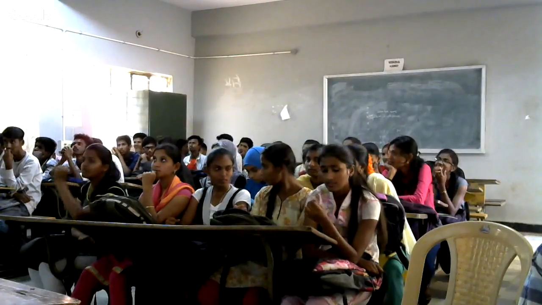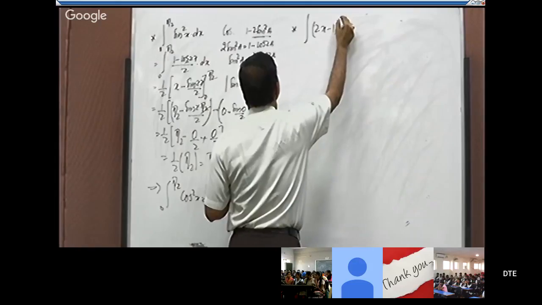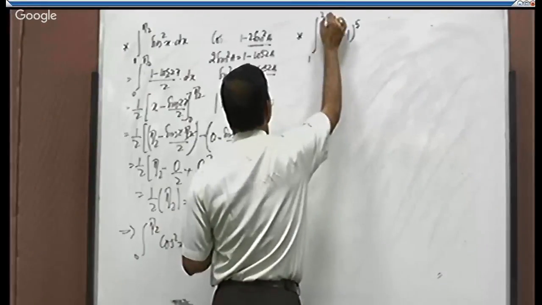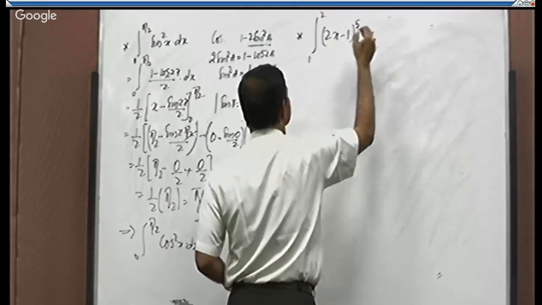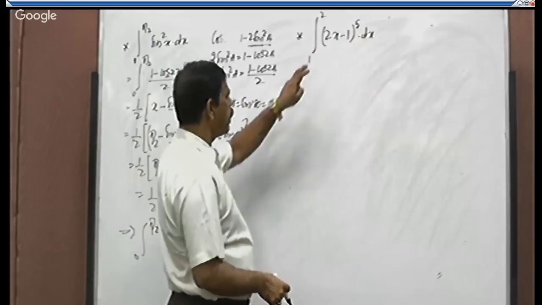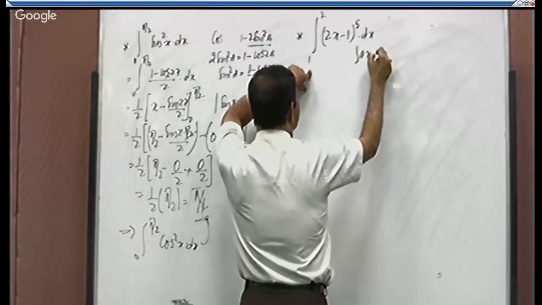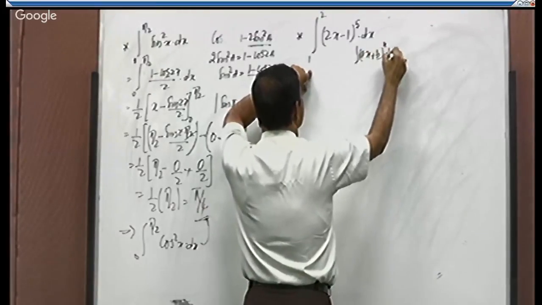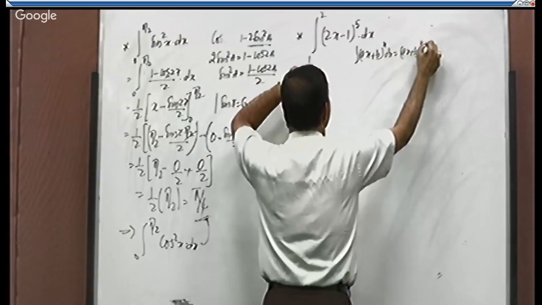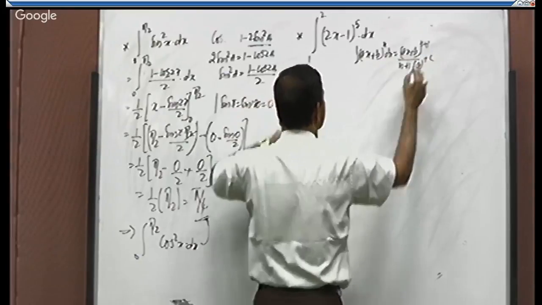If I take integration of 2x minus 1 all to the power of 5, limits 1 to 2, dx. This is the direct substitution method, correct? Ax plus b to the power of n. Integration of ax plus b to the power of n dx is equal to what? Ax plus b to the power of n plus 1 by n plus 1 into x coefficient. What is the x coefficient?